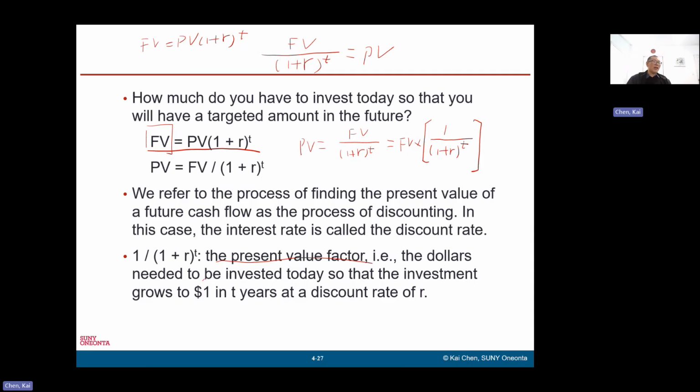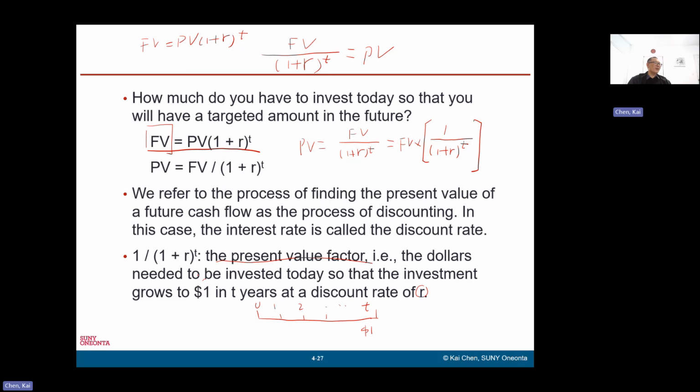Now you have an investment process over T years or T periods, and over this period the rate of return is R. If you want to receive $1 in the future at the end of T periods, then how many dollars should you invest today?